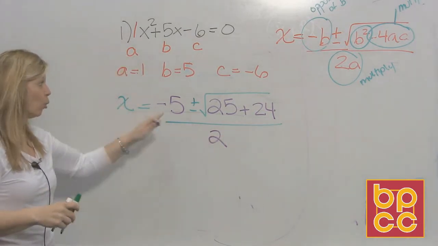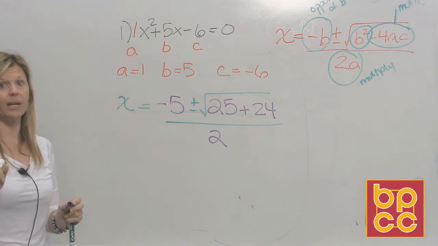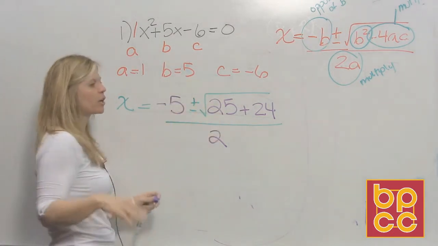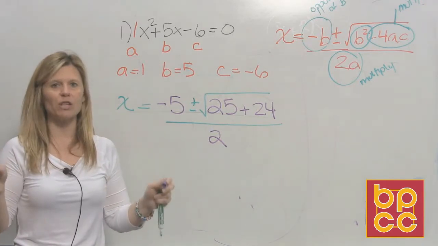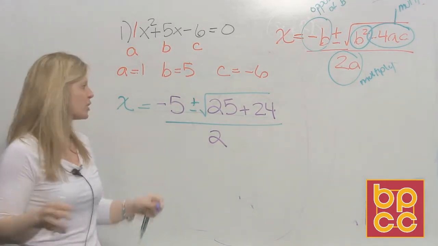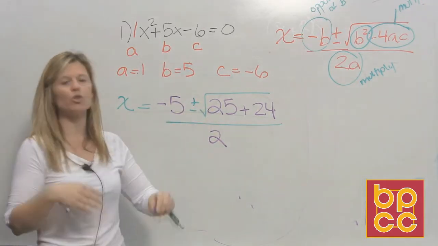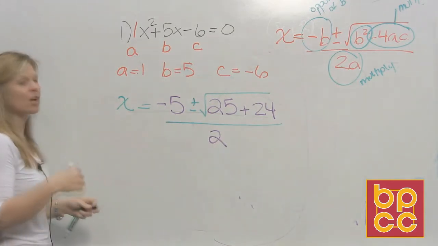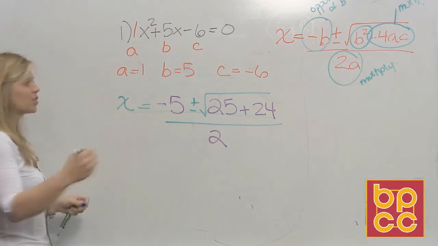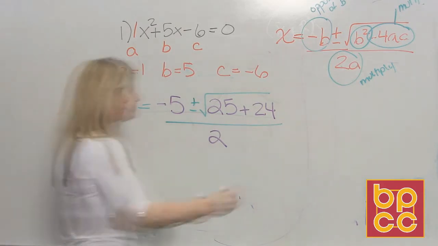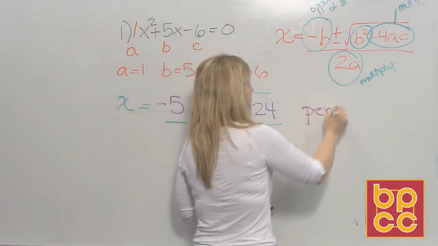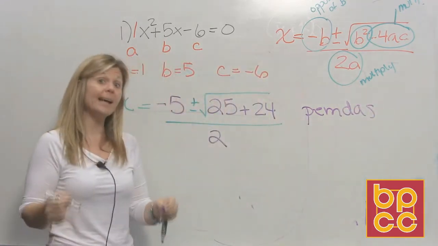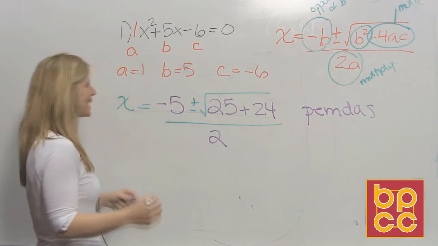Now, once you get here, you are not doing algebra. You're doing arithmetic. It just so happens when you do this arithmetic, you're using everything we've learned in this course. You are using fractions, you are using square roots, you're using like terms, order of operations. So let's talk about this. If we follow, please excuse my dear Aunt Sally, we're supposed to do parentheses first, but P doesn't just mean parentheses, it means anything in a symbol.